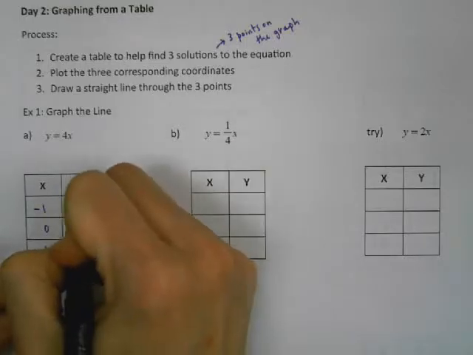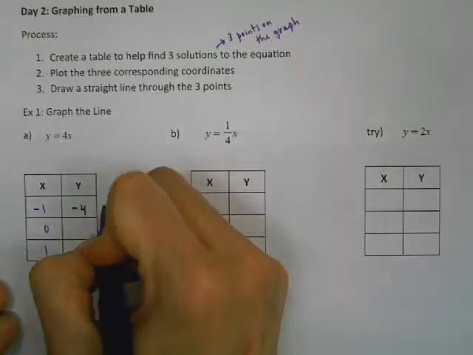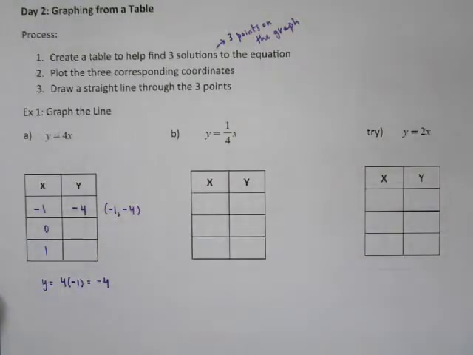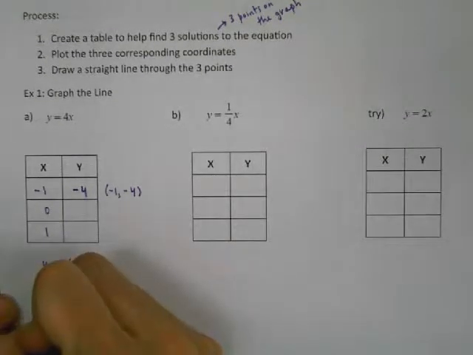I get a -4, which goes in my y value here. So I've found out that the point -1, -4 is going to be on my graph. I'm going to do the same thing for my other two x values.